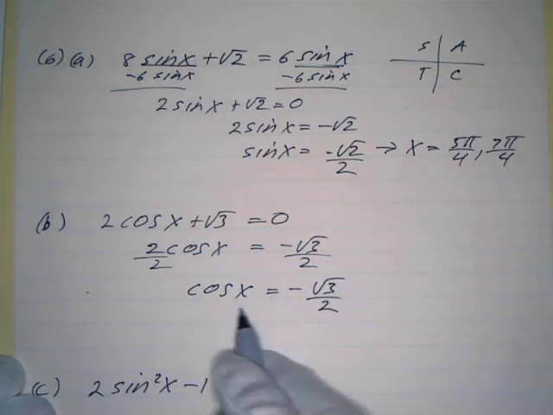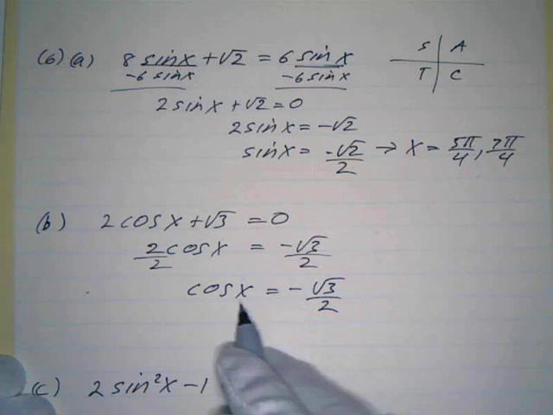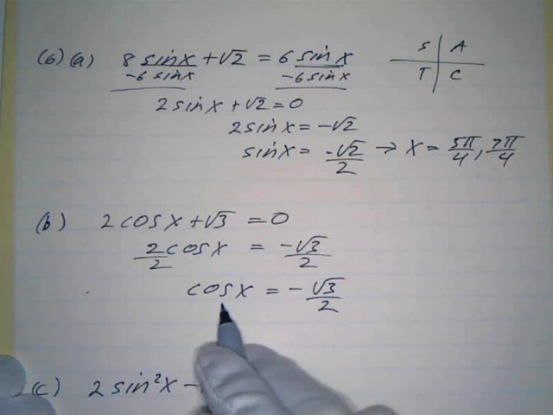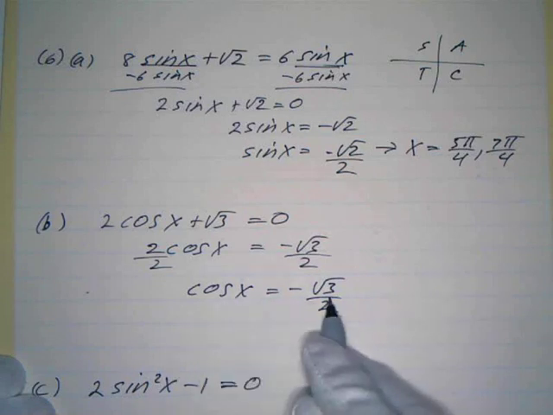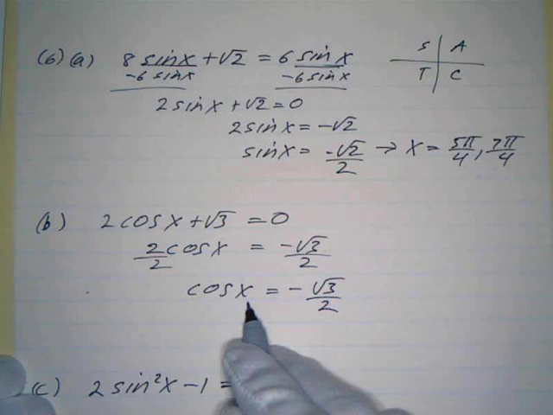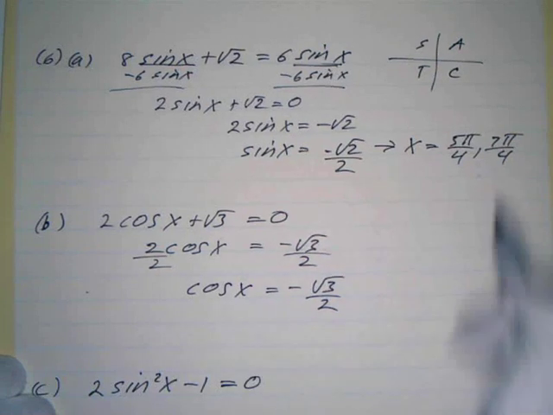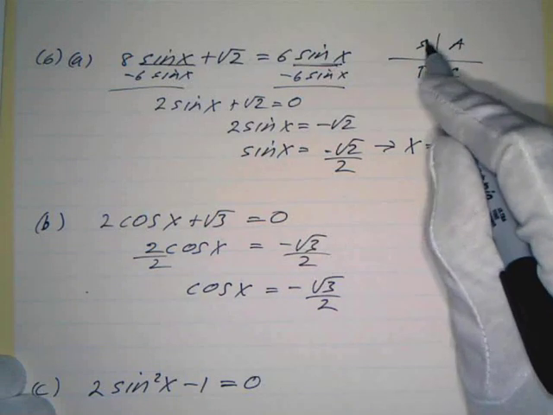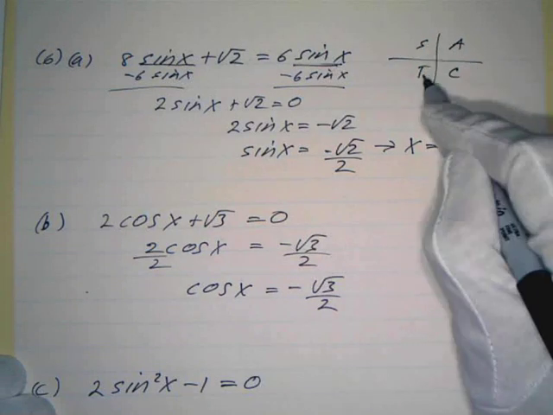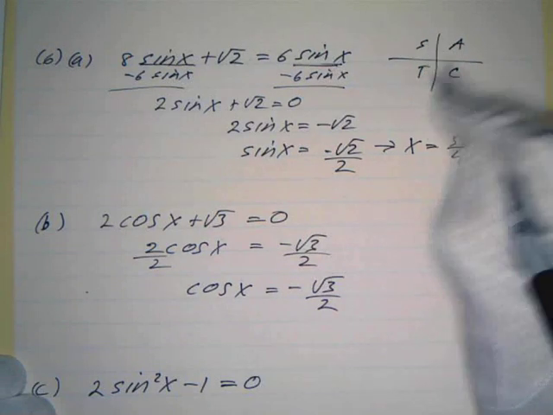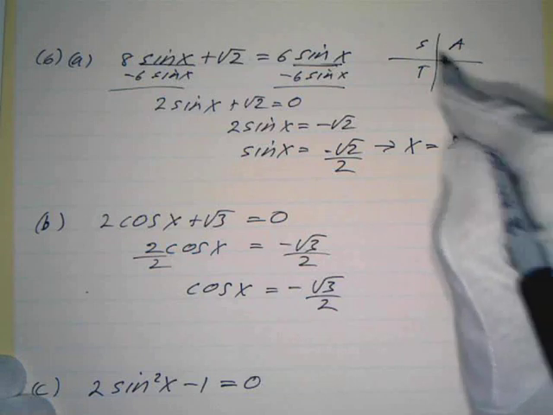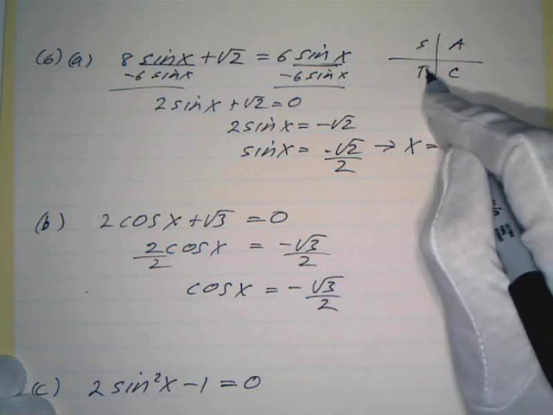Now again, I know that the cosine of x equals the square root of 3 over 2 when x equals pi over 6. All right, but I'm going to be negative. So where's the cosine negative? That's going to be in quadrants 2 and 3. Remember, the cosine is positive in 1 and 4, so it's negative in 2 and 3, so I'm in quadrants 2 and 3.